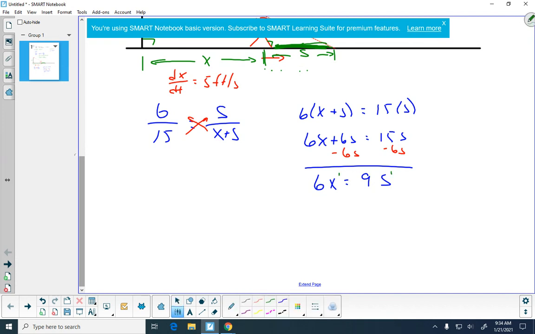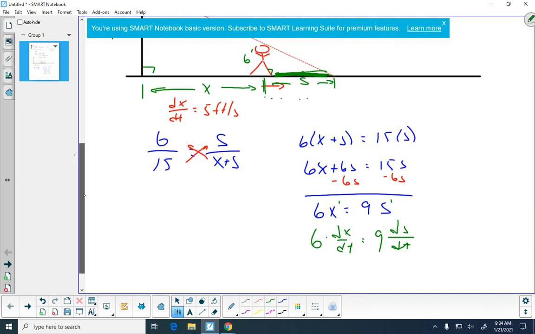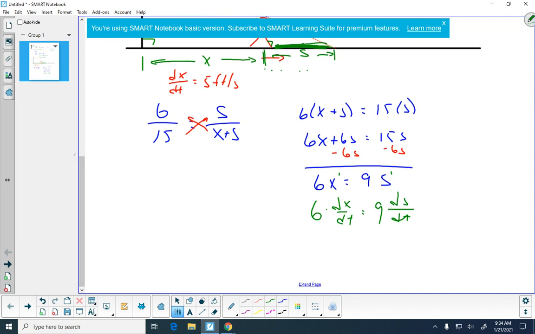So we have 6 dx/dt is equal to 9 ds/dt. My dx/dt is a value of 5.